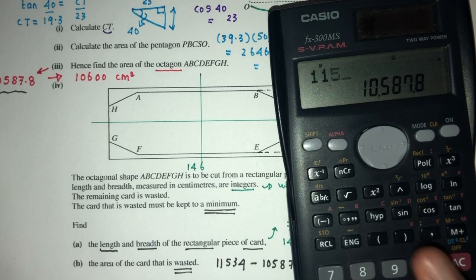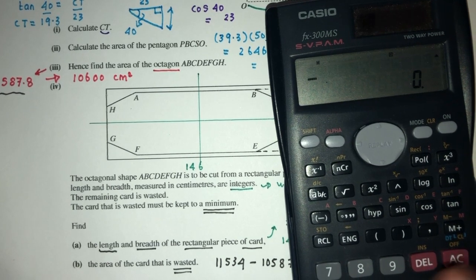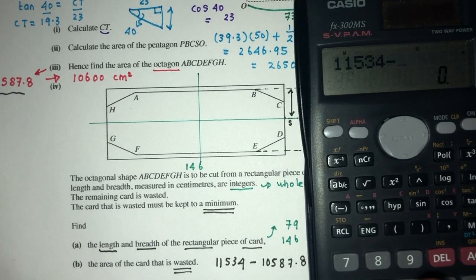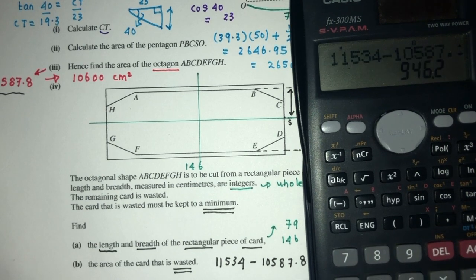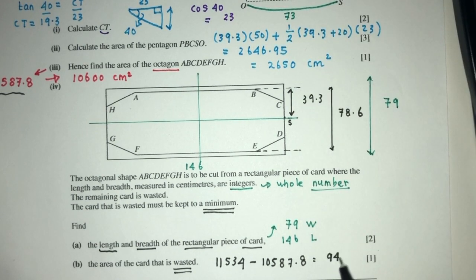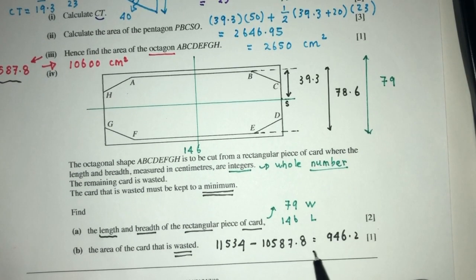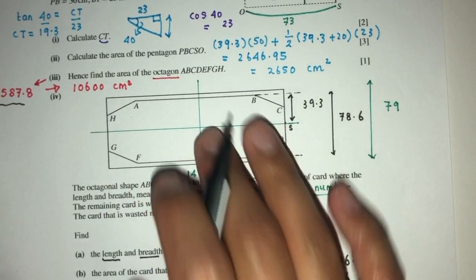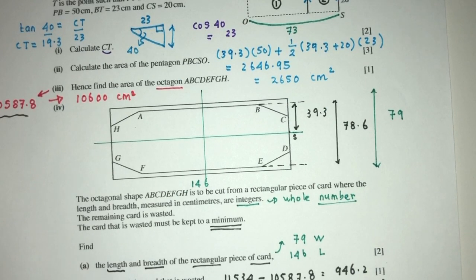So 11,534 minus 10,587.8 will give you 946.2. So 3SF, that will be 946 for the area that has been wasted. Take the whole thing minus the area of the octagon, and obviously use the most accurate answer you can to find these values. That will be question number 10.